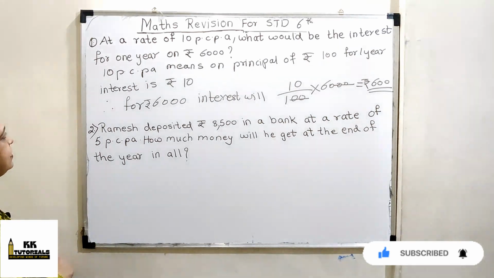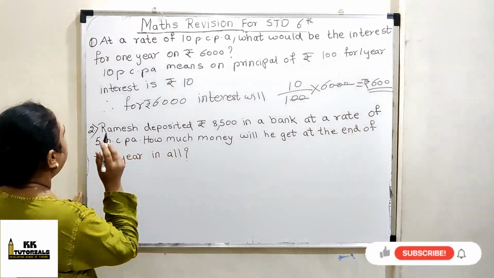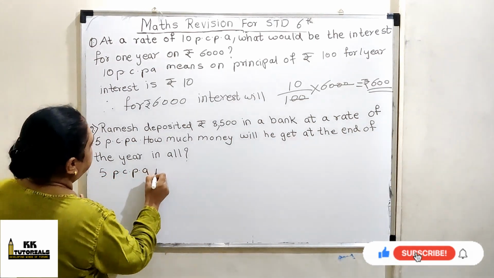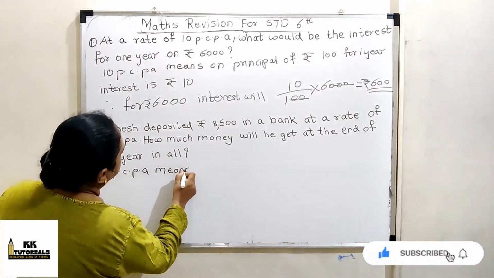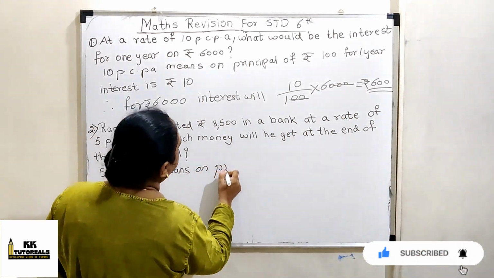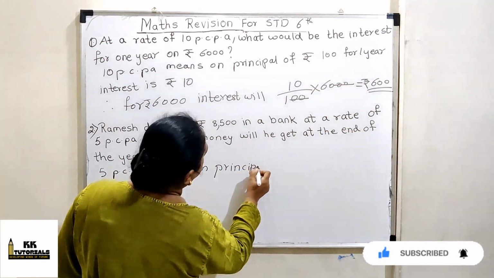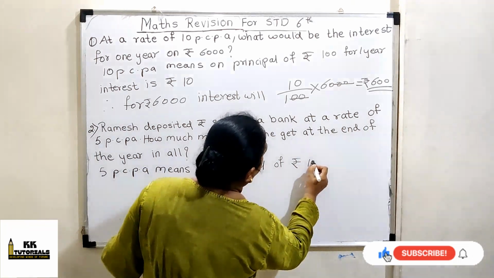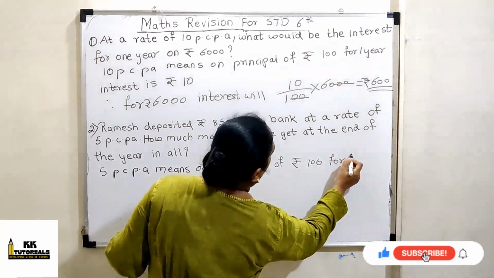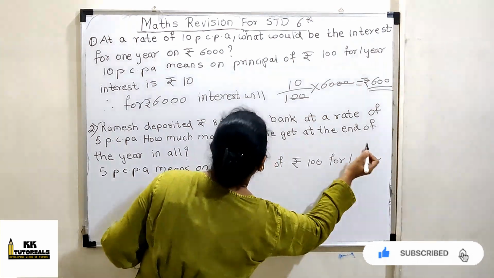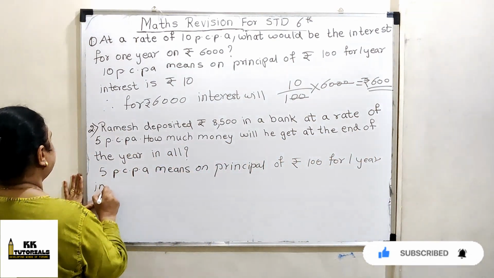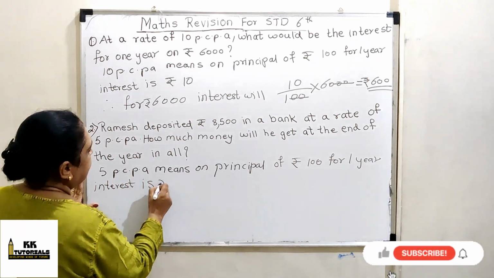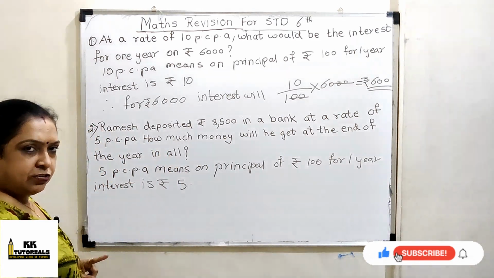So, what you have to do is, first of all, write 5% per annum means on principal of rupees 100 for 1 year, interest is rupees 5. Understood this much?